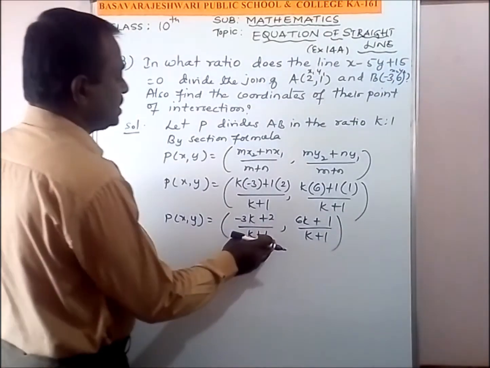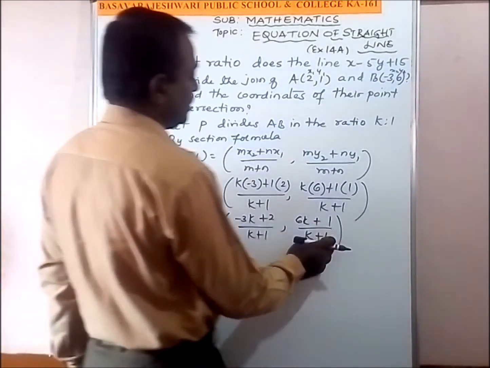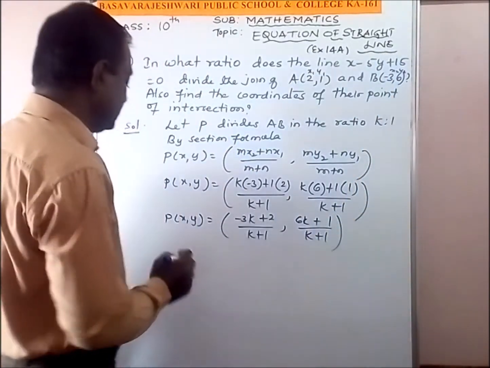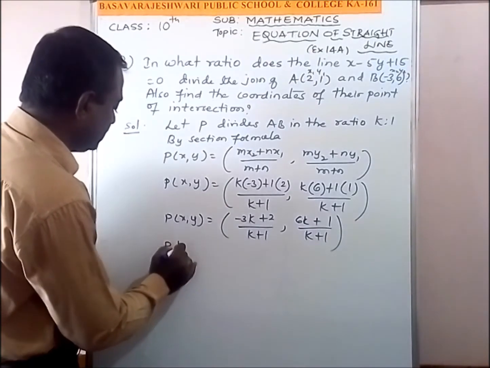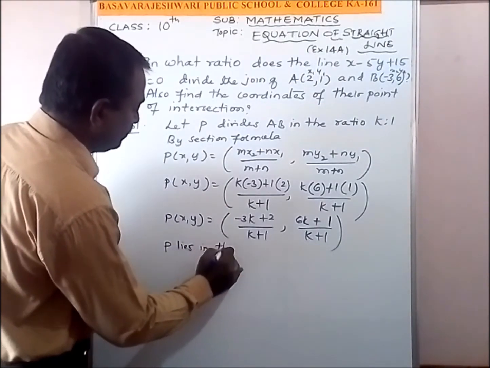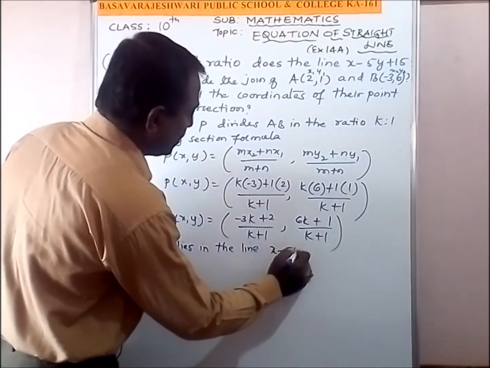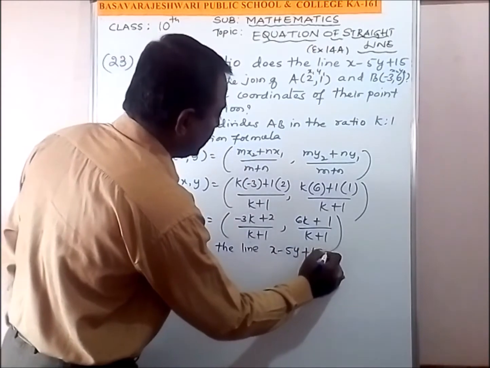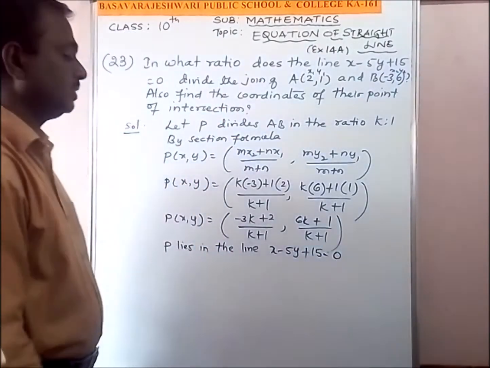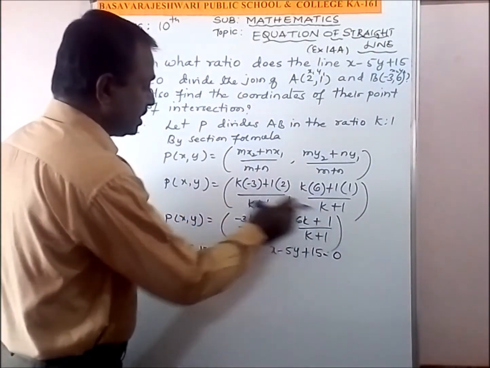Therefore, you have to substitute the value of k, and the value of x and the value of y in the line. So P lies in the line x minus 5y plus 15 is equal to 0. So therefore what you have to do now? We got the x coordinates of P, y coordinates of P.